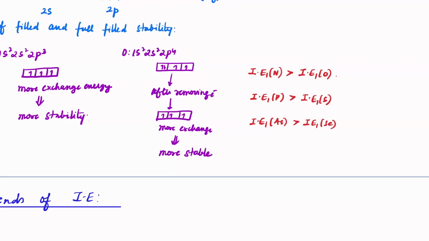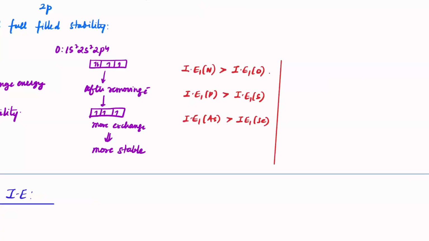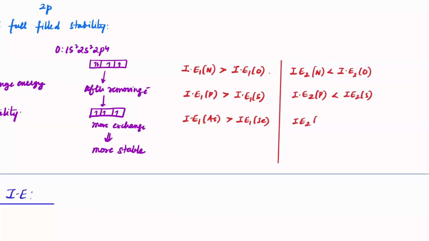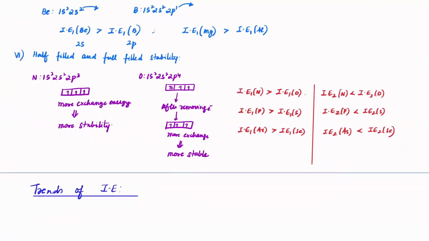Now, if you compare the second ionization, obviously oxygen has become half-filled, so that will be very difficult to remove now. So the second ionization of oxygen will be greater. Phosphorus second ionization will be lesser than second ionization of sulfur, and second ionization of arsenic will be less than second ionization of selenium. So this is about the ionization, everybody.